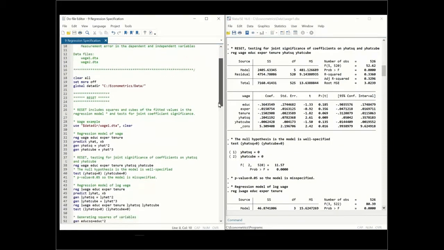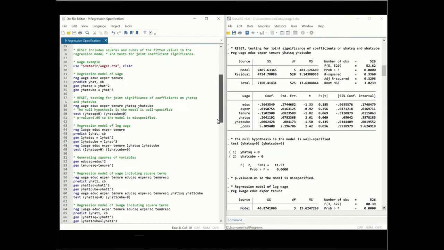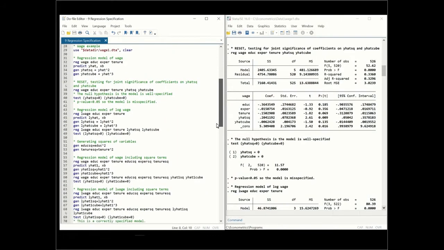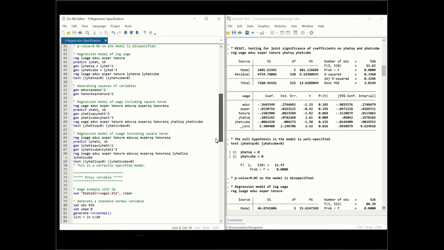Now I will repeat exactly the same thing as I did here, basically three more times. Here I would have a regression model of log of wage. So everything is the same except I have moved to log of wage instead of wage. Again, predicting the fitted value, generating the squares and cubes, putting them into this regression and testing whether or not these coefficients are jointly significantly different from zero.